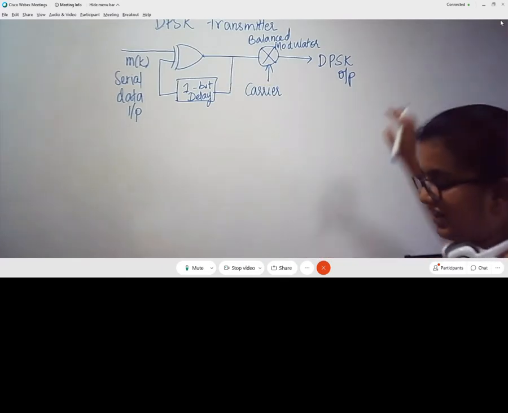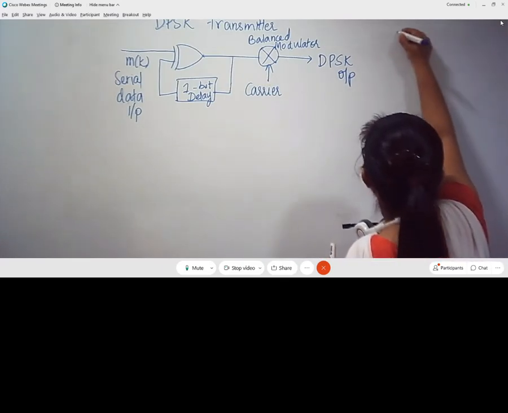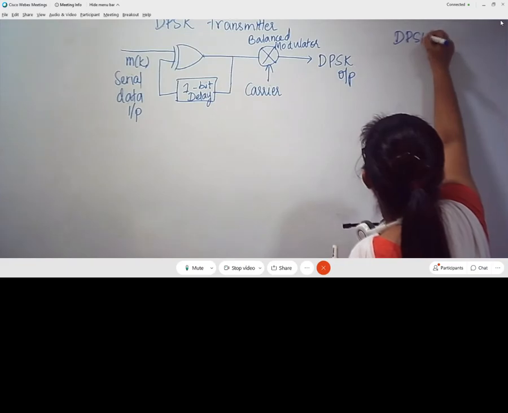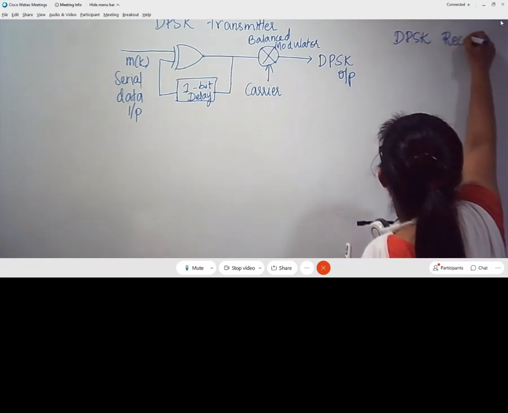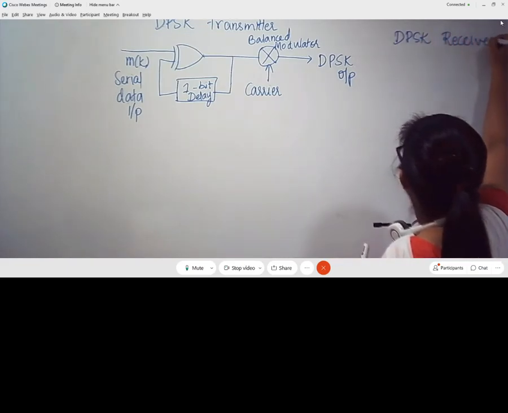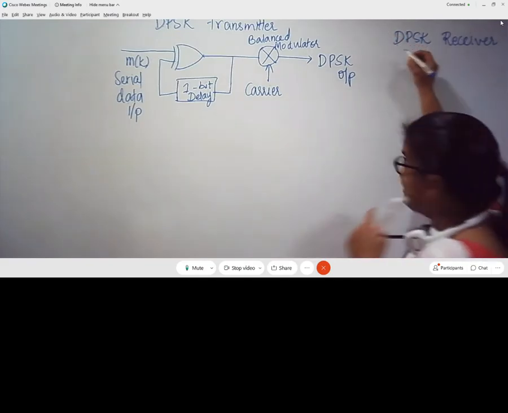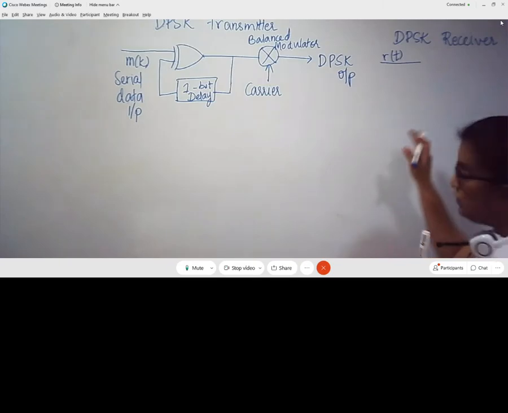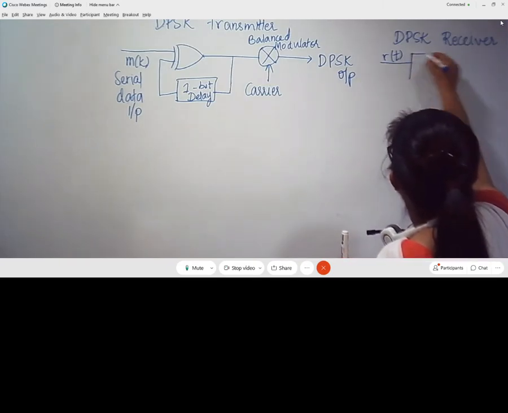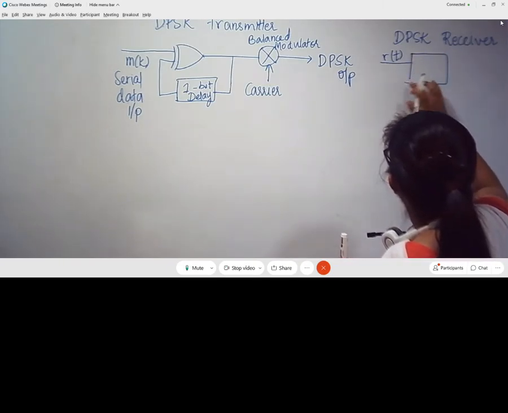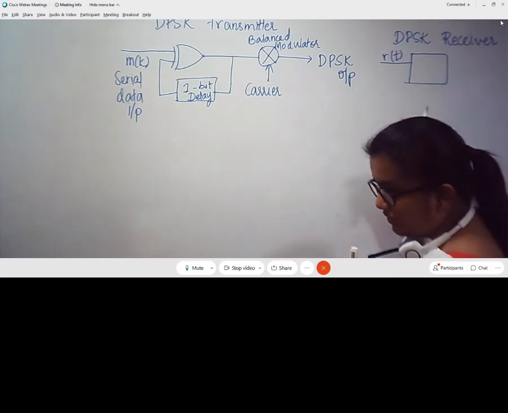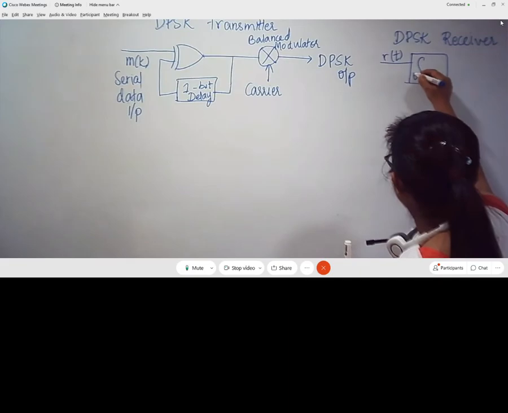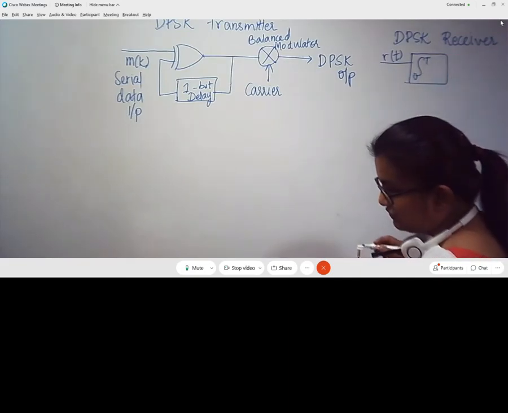In the receiver side, how it looks is, so DPSK receiver, it will be the similar process and the reverse process. I take the received signal. You can do the correlator operation, that is, you are going to have the integrator over a period 0 to t.